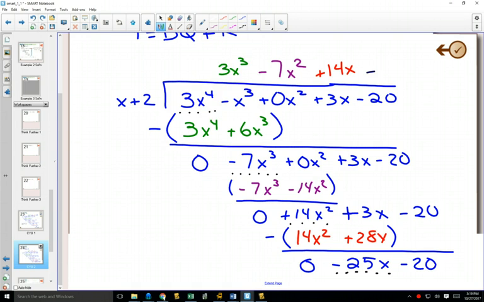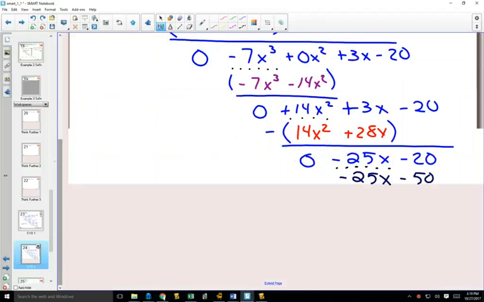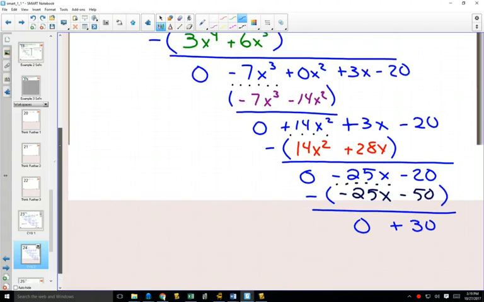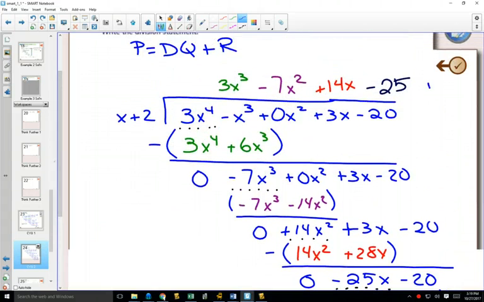So negative 25, to get negative 25x minus 50, and subtract. So we're going to get 0 and plus 30. So we can go up to the top and say that our remainder is 30.